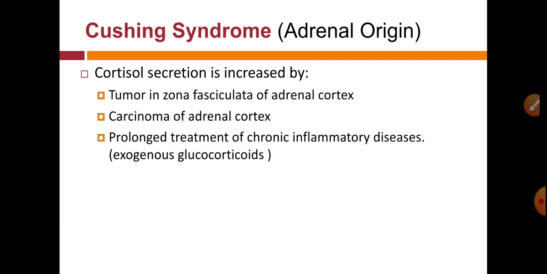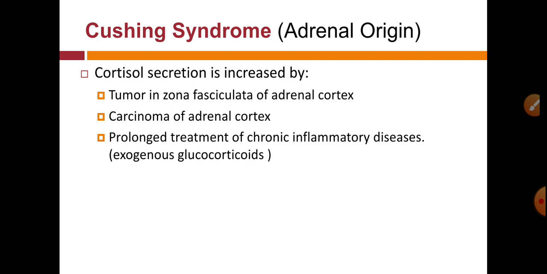Cortisol secretion is increased by a tumor in zona fasciculata of the adrenal cortex, as the middle zone is responsible for secretion of glucocorticoids, and cortisol is one of the glucocorticoids. When there is a tumor of zona fasciculata, there is a hypersecretion of glucocorticoids, or cortisol. So the cause is present in the adrenal gland.